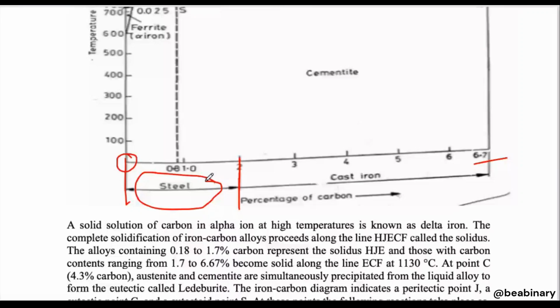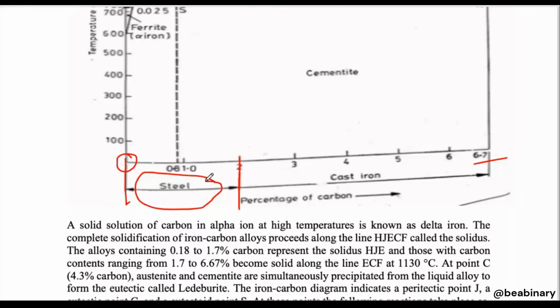Both are iron carbon alloys, but the percentage matters. As I've already discussed, composition plays a major role in any kind of alloy, and composition also affects the phases of that alloy, as we saw in the previous topic.